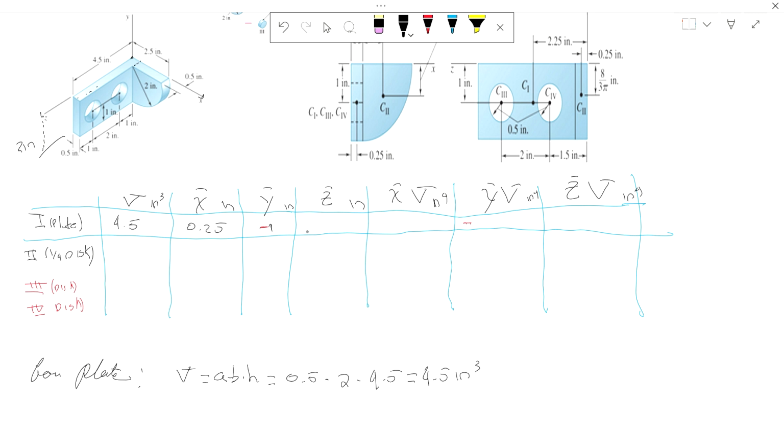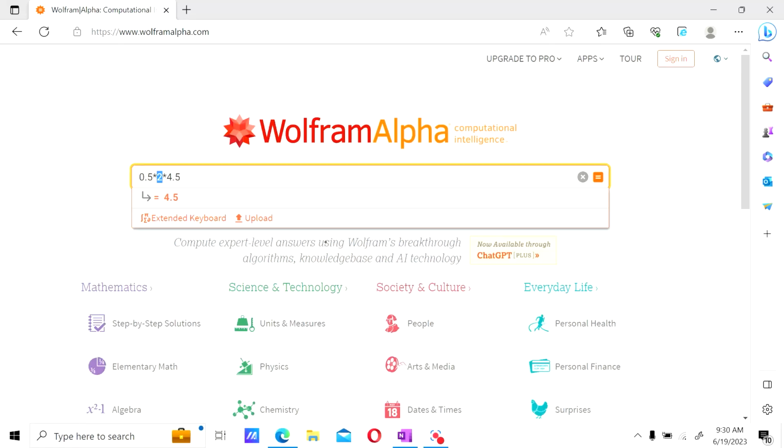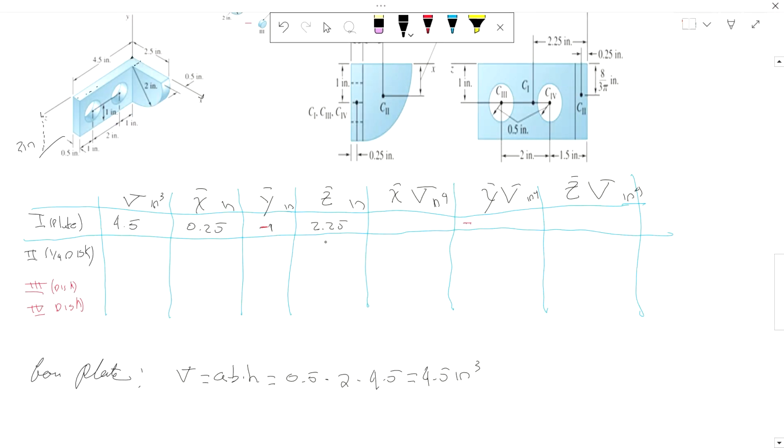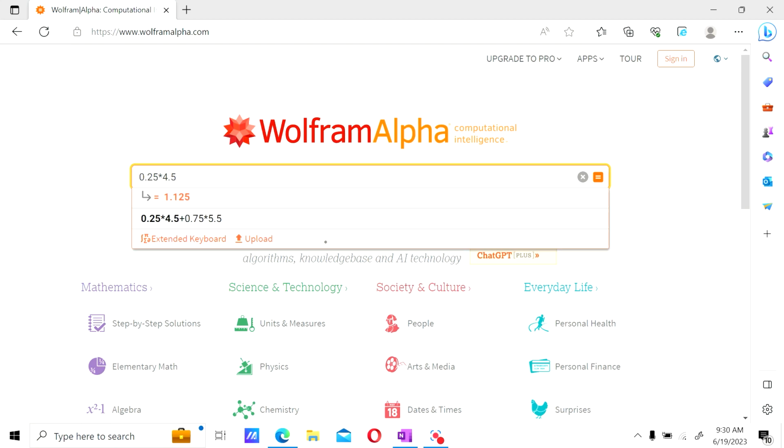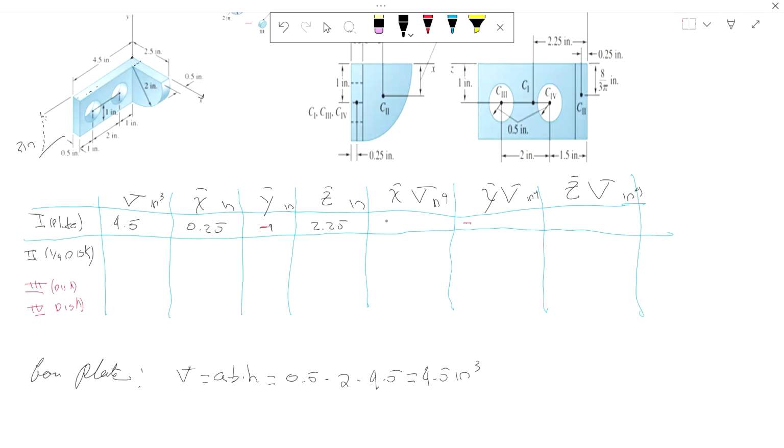And z, we're going to have 4.5 divided by 2, which is 2.25. All right, and let's multiply 4.5 times 0.25, which is 1.125.